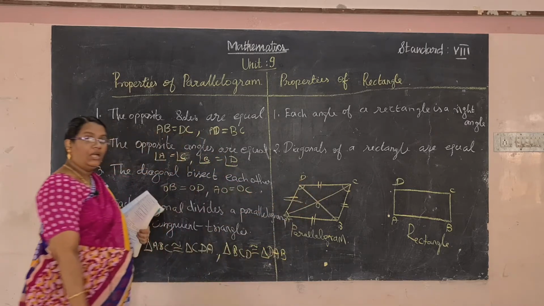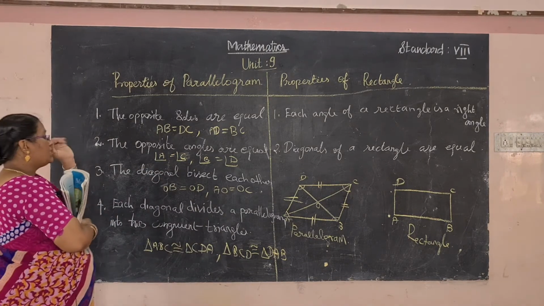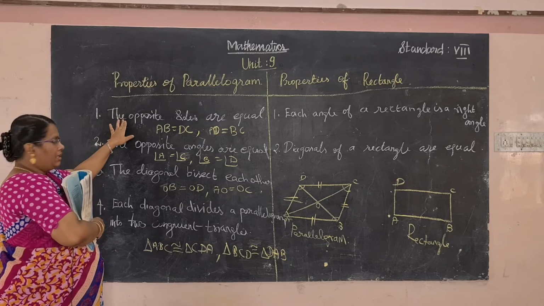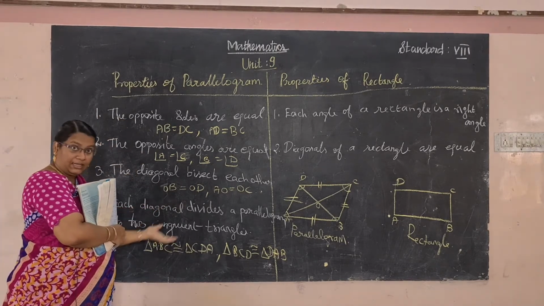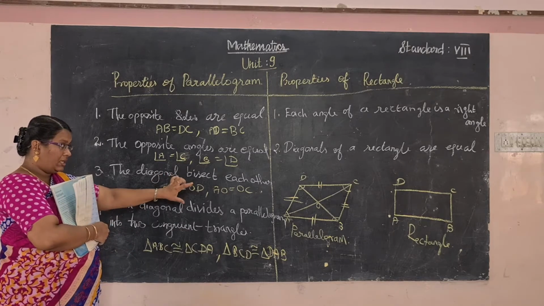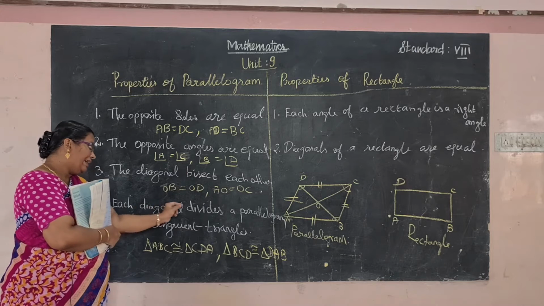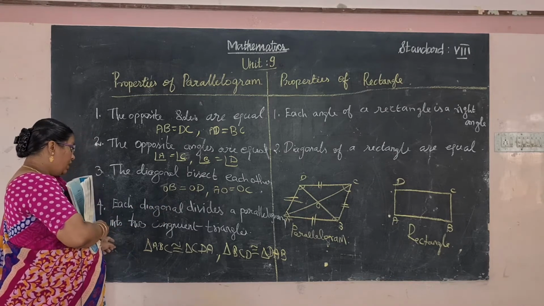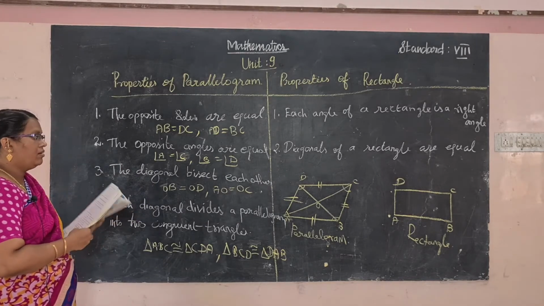These are all the congruent triangles. So what are the properties of the parallelogram? The opposite sides are parallel and equal, opposite angles are equal, and diagonals bisect each other. The distances from the intersection point are equal. Each diagonal divides the parallelogram into two congruent triangles.